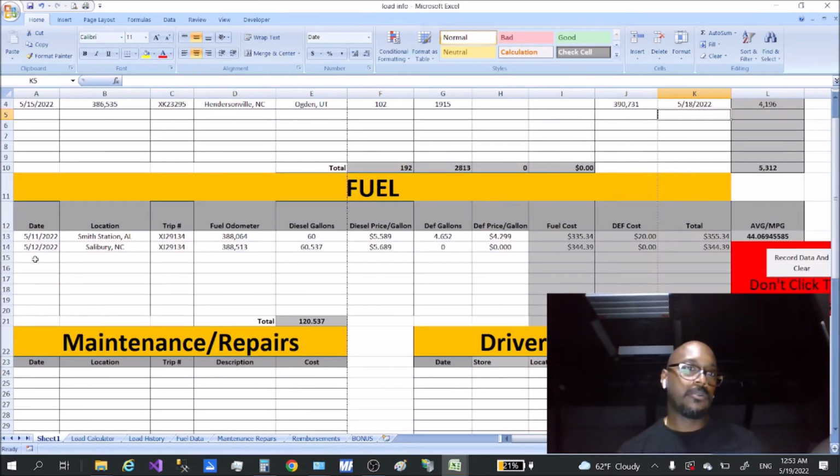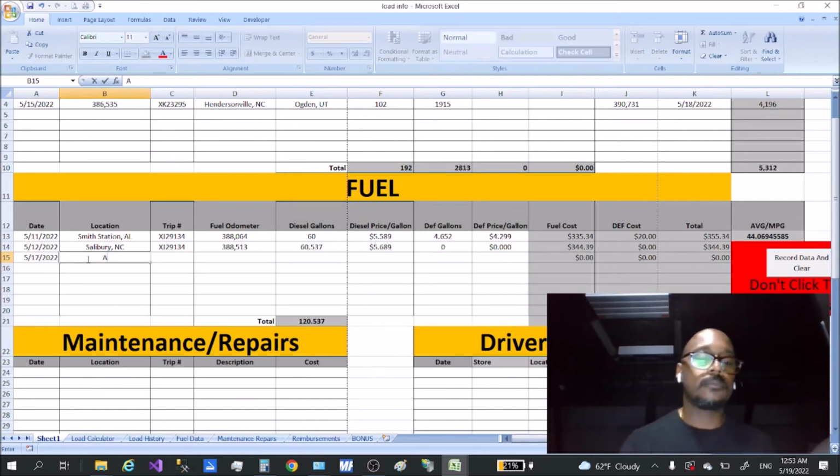Let's go ahead and do the fuel for this load. I did fuel 2 times. Our first fueling was on the 17th. Location, Aurora, in Nebraska.